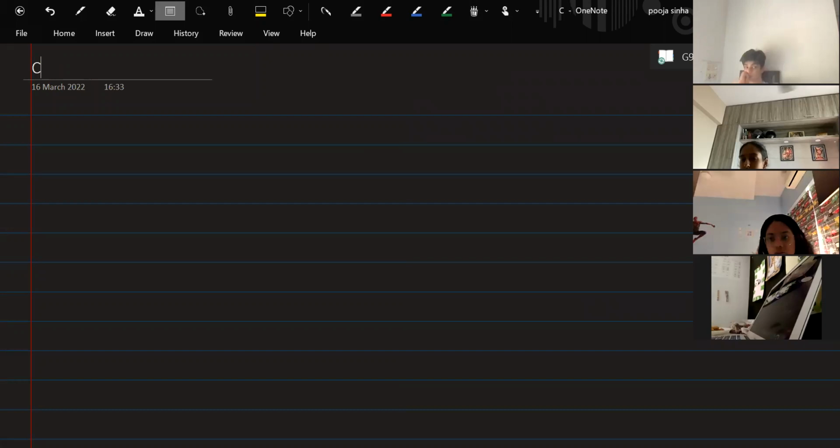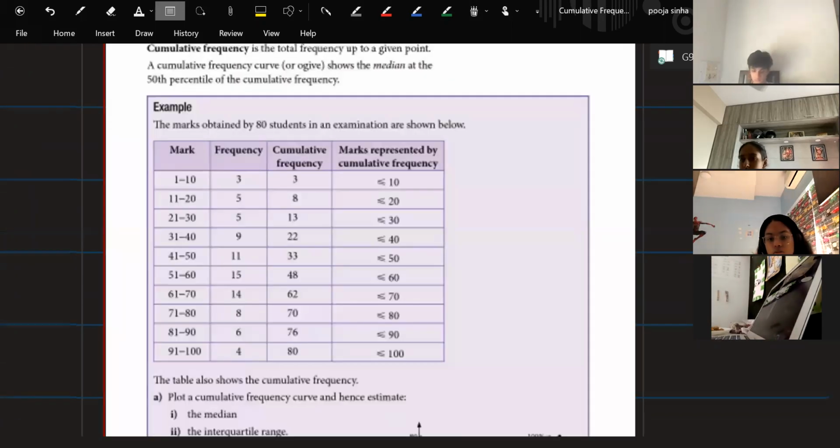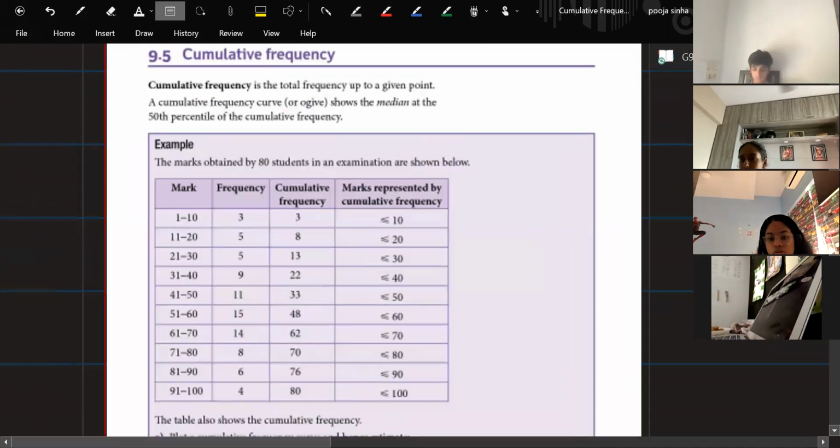Next is cumulative frequency. What do you understand by the word accumulate? Altogether. Okay. Something similar we are going to do. And what is the cumulative frequency used for?